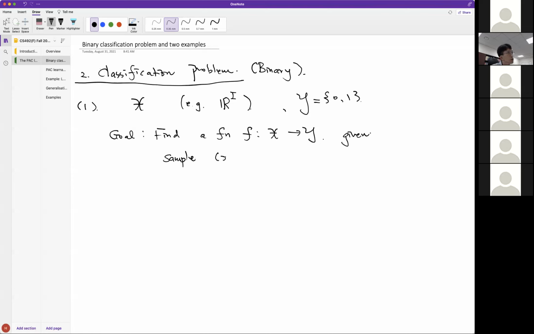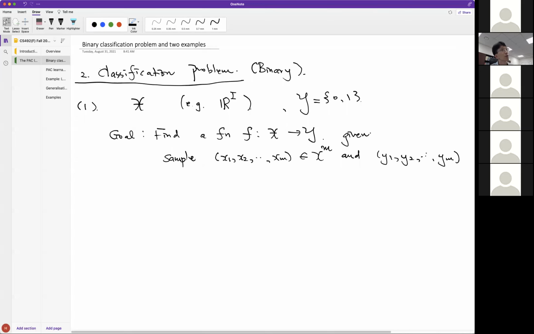A sample is a sequence of inputs, x1, x2, and so on, xn, together with outputs y1, y2, and so on, yn. Then we want to find some function f that describes, or can be a good predictor, that maps each of these xi to yi. So roughly speaking, this f(xi) should map to yi reasonably well.